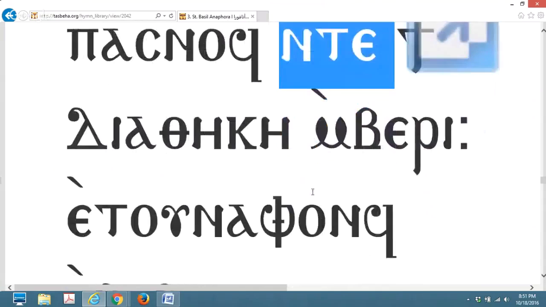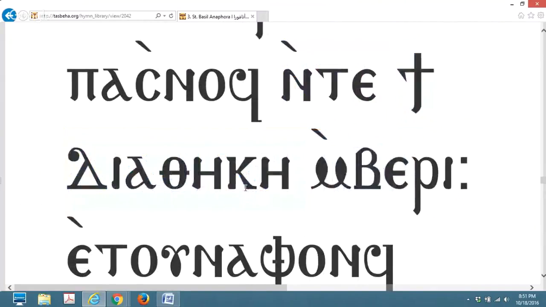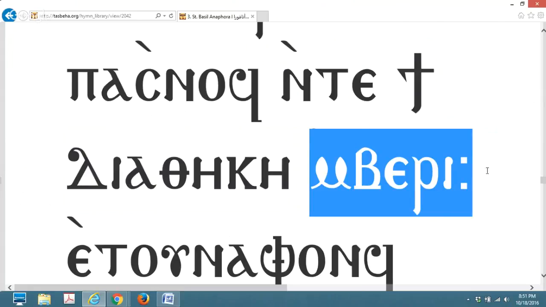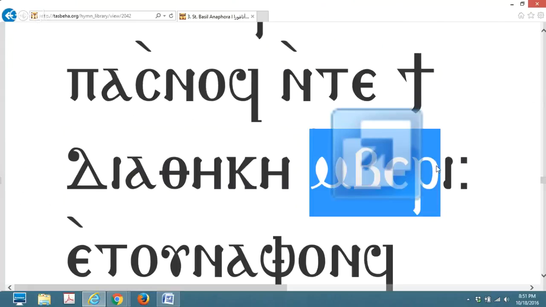Inte, of. Ti, diatheke. Diatheke is a Greek word meaning covenant or promise. So the covenant or the promise, and veri. Veri means new. So again, this is the adjective. So of the new covenant.